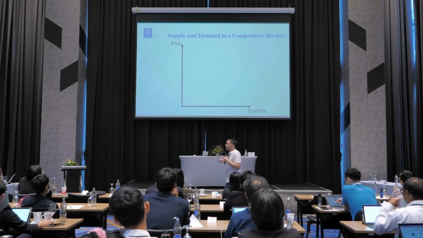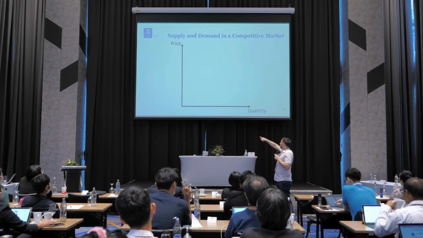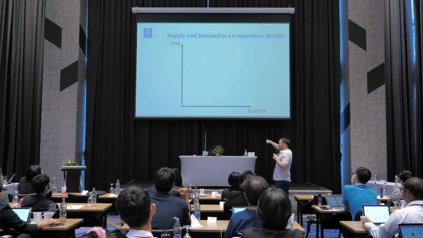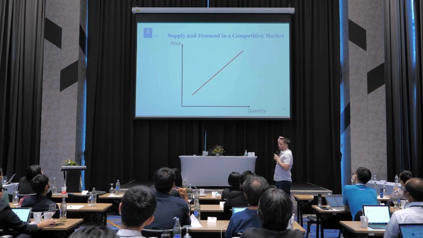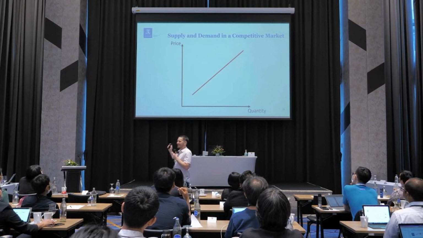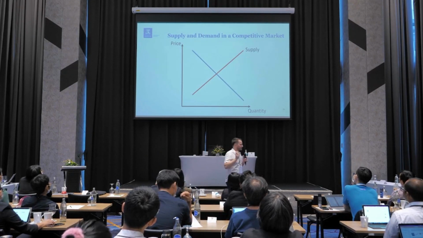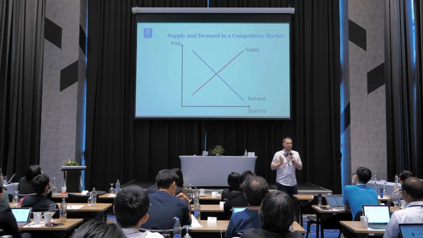Okay, so what does it look like? Price is on the y-axis, quantity is on the x-axis, and what's this one? With more confidence, please. Supply, yes. So that's our supply curve. Okay, that means this one must be demand.